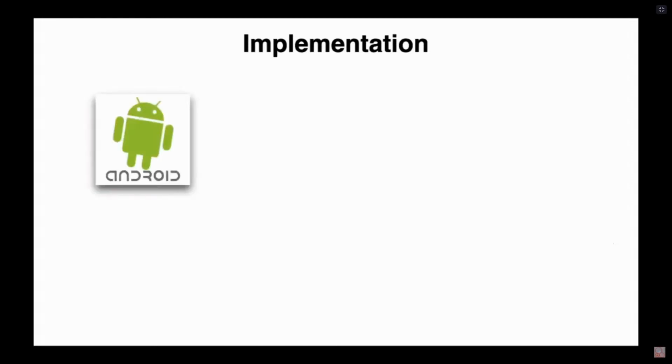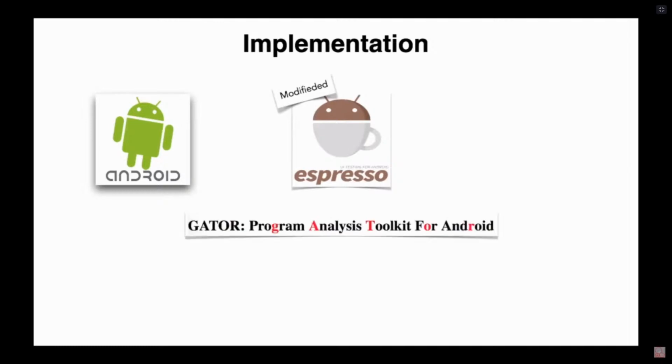Our implementation of App Test Migrator supports Android apps, as Android is one of the major platforms in the mobile app market. The technique requires as input tests written using the Espresso testing framework. We also modify the Espresso testing framework to collect relevant dynamic information during test execution. For our static analysis, we leverage Gator, a static analysis tool that creates a model of the GUI-related behavior of an Android app.